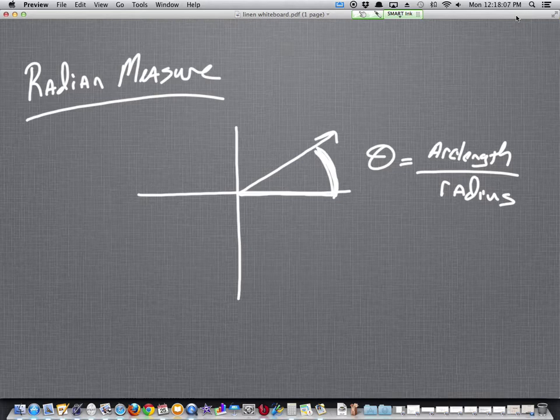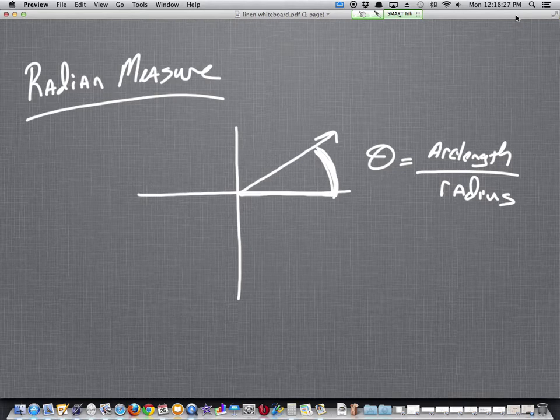What would make an angle measure 1 radian? The radius and the arc length are equal. Very good.